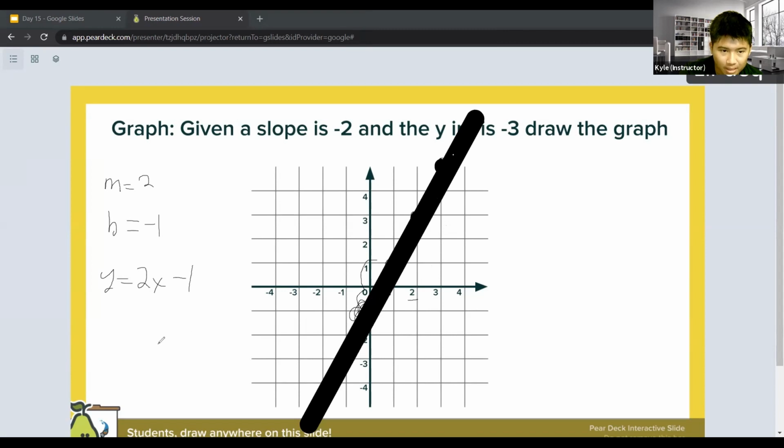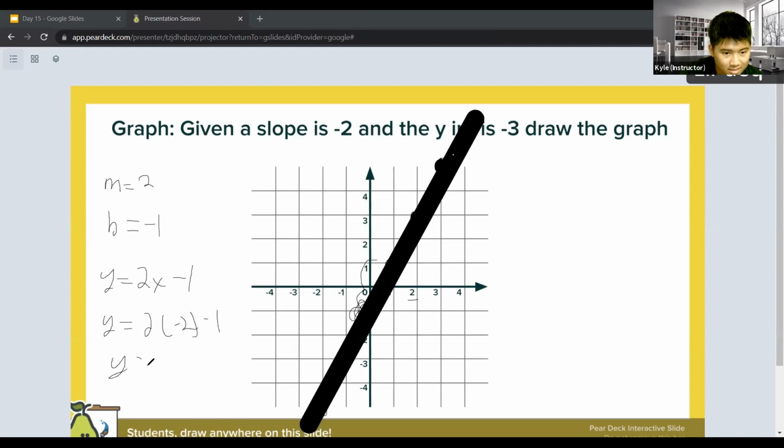And we can check this by putting, let's say, -2 into the equation. So according to the graph, I should get back -5. So let me test that. y equals 2 times -2 minus 1.